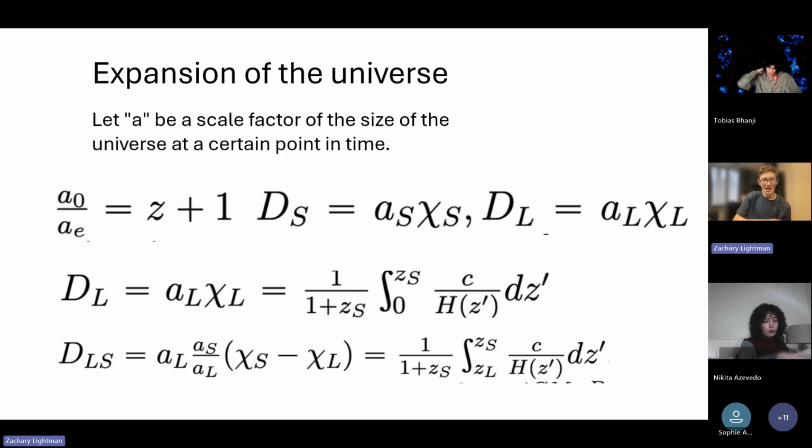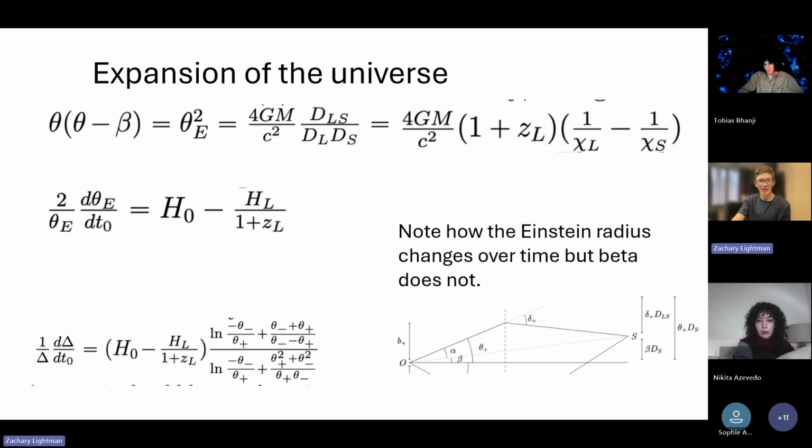And we're going to say a is a scale factor of how big the universe is at a given time compared to now. And we can write it in terms of z, which is redshift. And so we're going to redefine ds and dl in terms of this scale factor times some co-moving distance using the Greek letter chi. And then we can represent it using these equations below, and the Hubble constant appears.